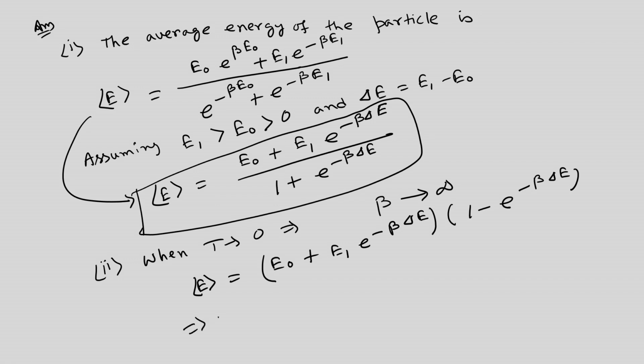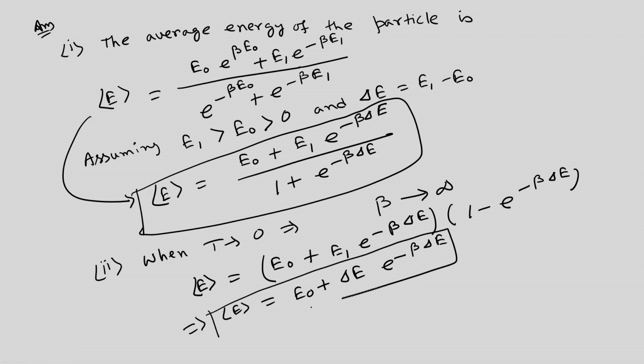So, we get E average is E0 plus delta E e to the minus beta delta E. So, this is the value of average energy when T goes to 0.